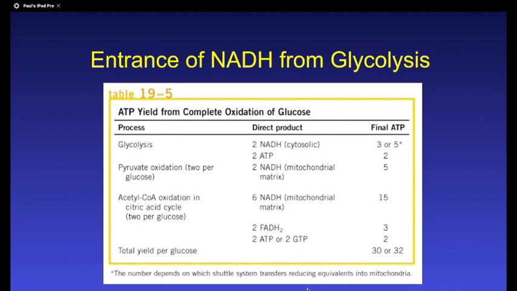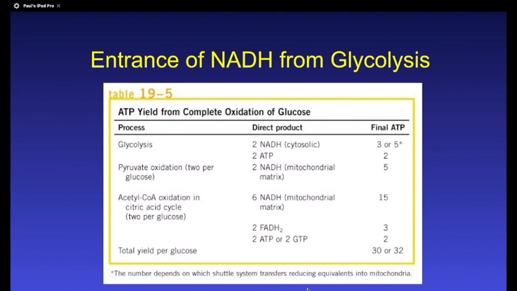So I have to default back to the glycerol 3-phosphate shuttle. So when someone asks you how many ATPs you can create from one glucose, that's not enough information to answer the question. Okay? The maximum number you can create is 32.